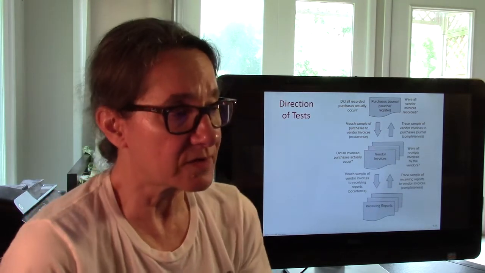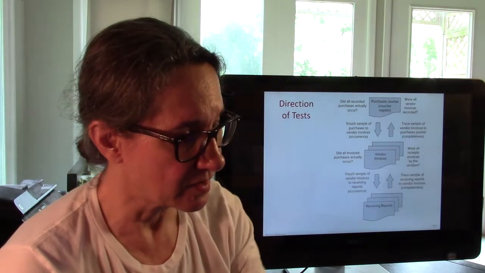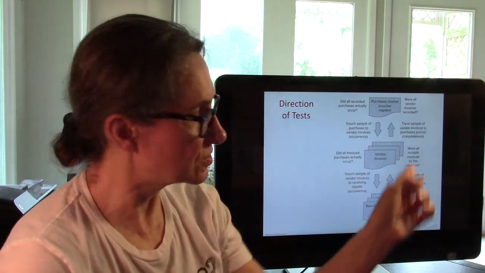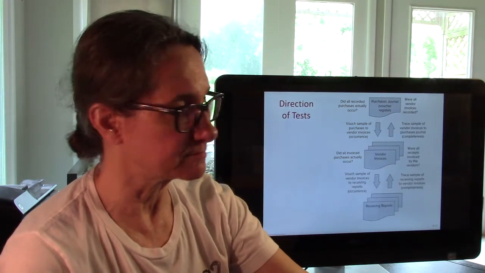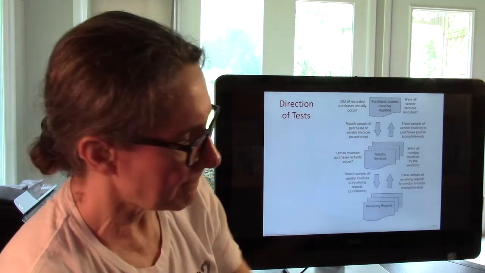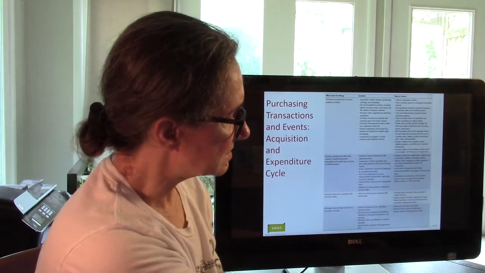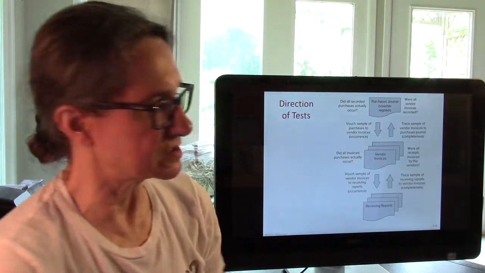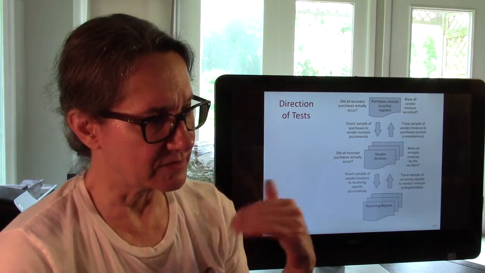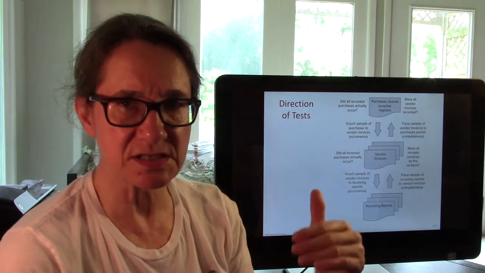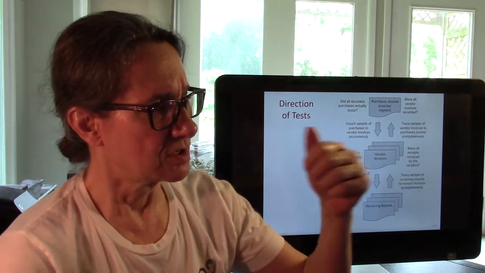And I do want to remind you of the directionality test. I know we've talked about this many times, but as you look through your different tests, it talks about vouching versus tracing. I want to remind you that we have to test both ways, and what we're testing for is the assertion.